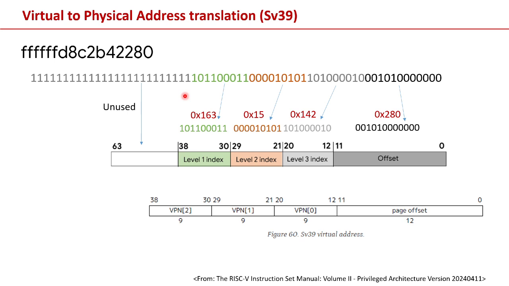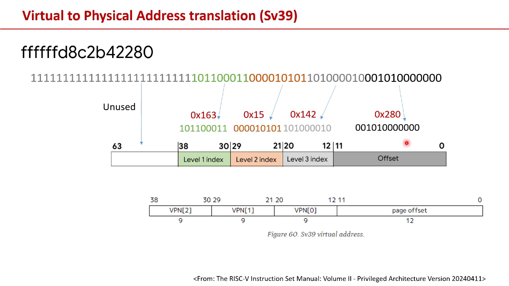Now another important thing to understand is the layout of the virtual address. What you are looking at is the example virtual address that will be translated. This virtual address is in hexadecimal format, so if you convert this address into binary format, we can have this data. This binary data can be split into specific parts: the 0 to 11th bit, 12 to 20th bit, 21 to 29th bit, and 30 to 38th bit.